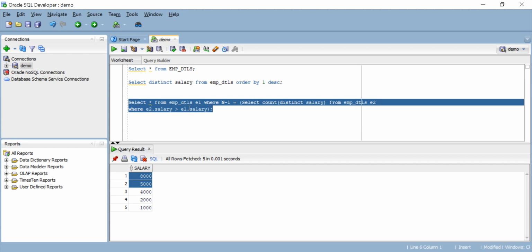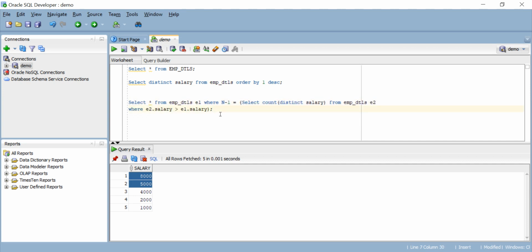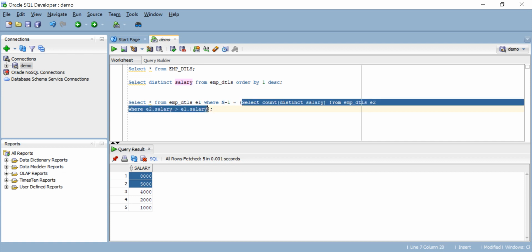This is basically a correlated subquery. In the query, what we are doing is comparing the outer table salary with the inner table salary and finding out the count of all those salaries, row by row, which are above them.